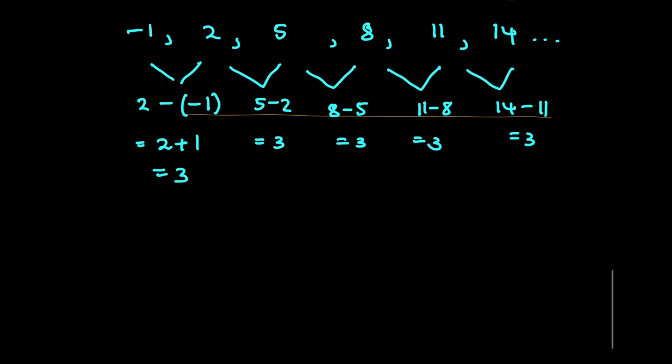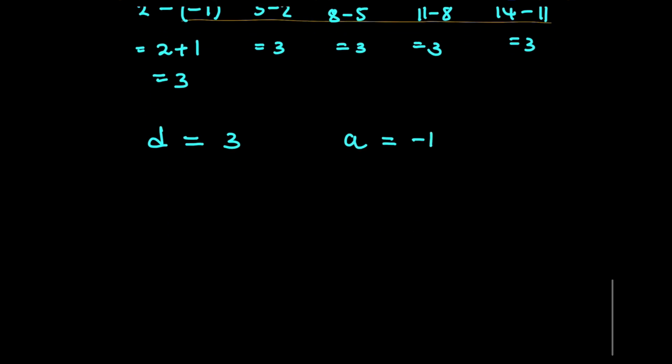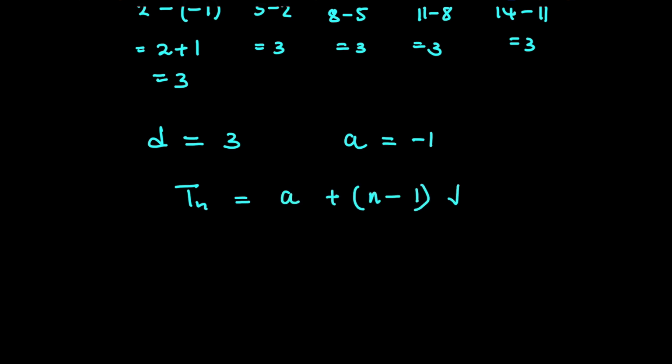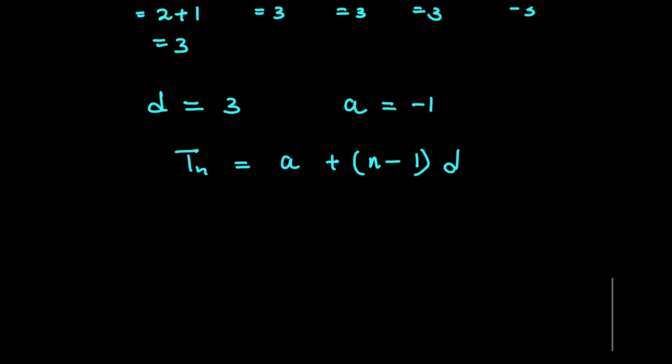So your D equals 3, and your A equals -1. Your nth term, Tn, is A plus n minus 1 times D. So now let's substitute here.